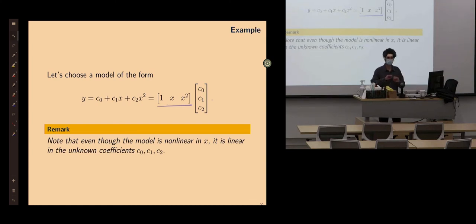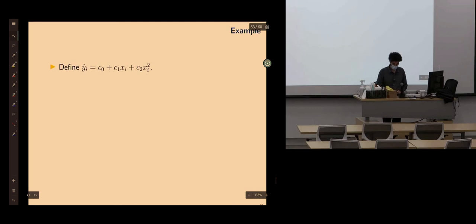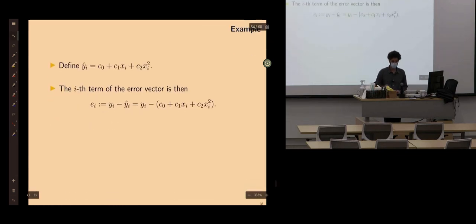Now, you're not fitting a line or plane. You are fitting a curve. It is nonlinear, but the model is linear, again, linear in coefficients. So we define our model y hat, right? For every yi, the measurement, we have xi, and we can evaluate the model. Define the error to be the difference between the model and observed values in the table.